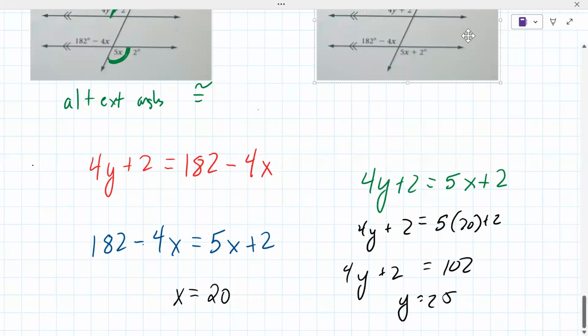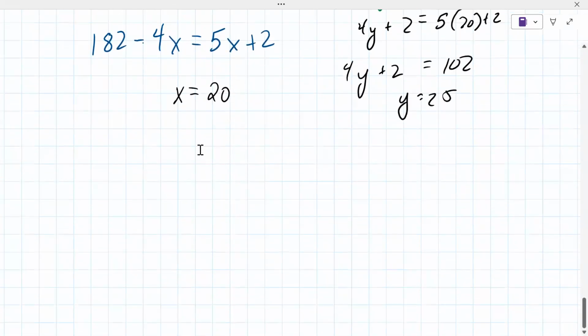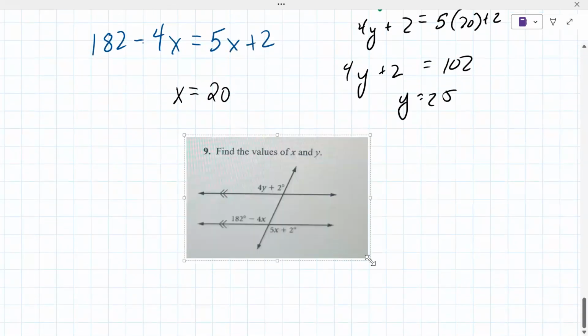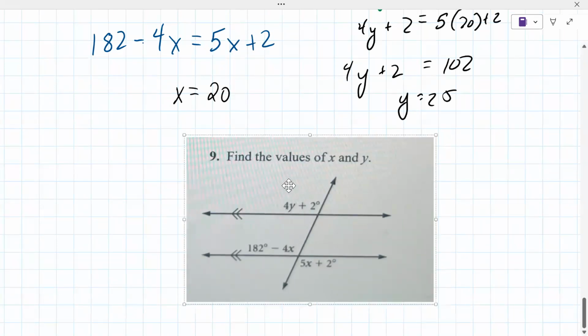That's kind of part one. You could be reasonably asked to find the angle measures here, which means you have to put x and y back into one of the equations above. Could you attempt that for us, please? It doesn't matter which one. You can just tell me verbally.